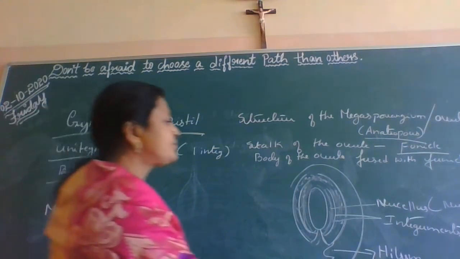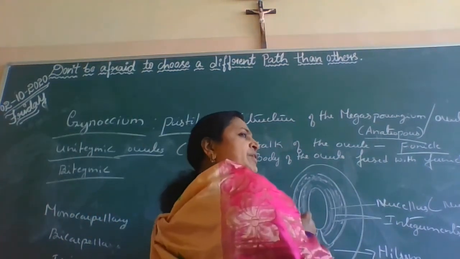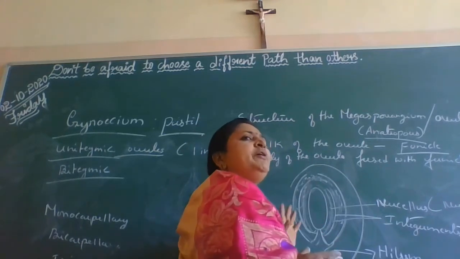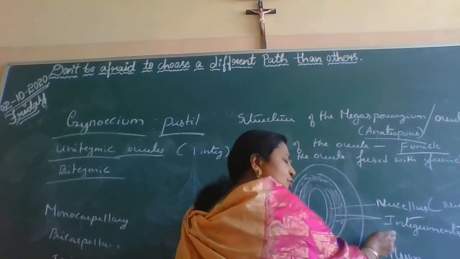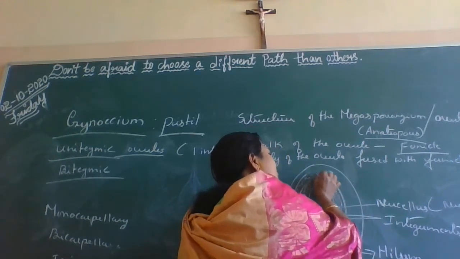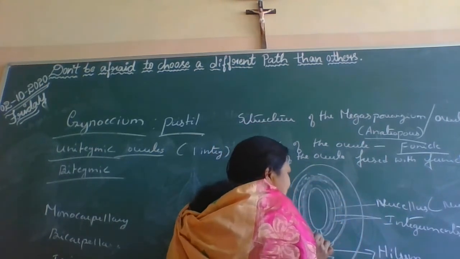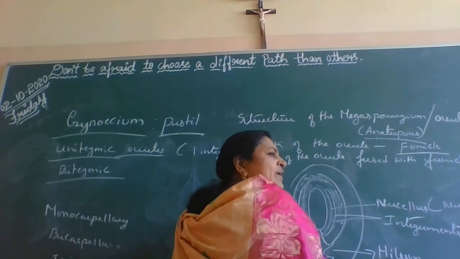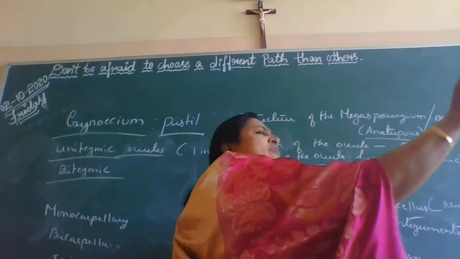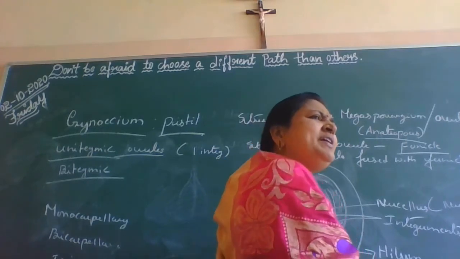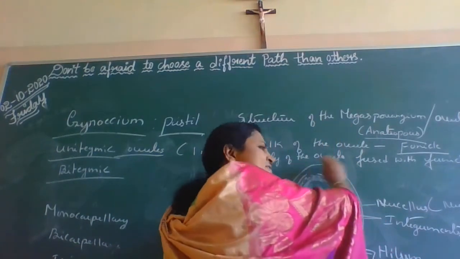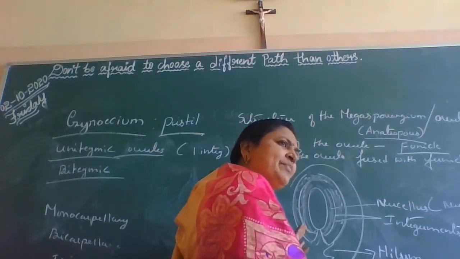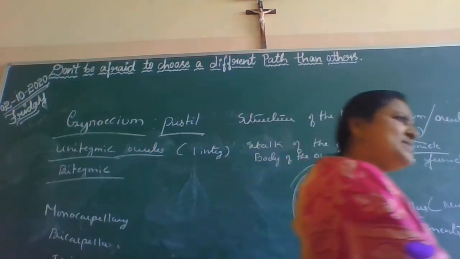Now, these protective membranes of the nucellus are generally called as integuments, that are present throughout the ovule except one region. Somewhere it is not present. Which one? Integument. Integument covers the whole nucellus. Somewhere it is absent.